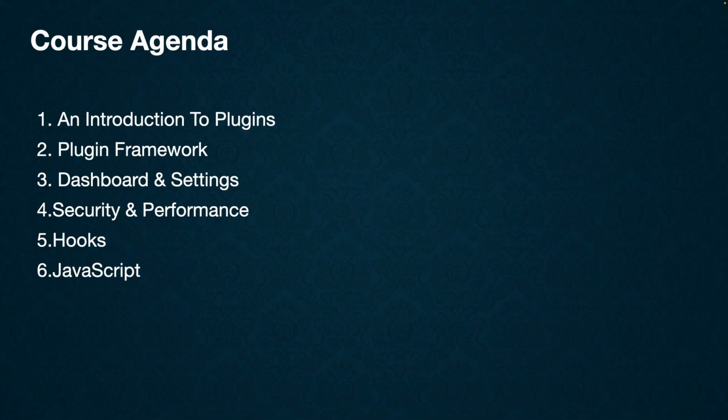After completing WordPress hooks, we will navigate to JavaScript. After completing JavaScript, we will see the content, the main part of WordPress plugin development. And then we will see how to create and manage users and user data.